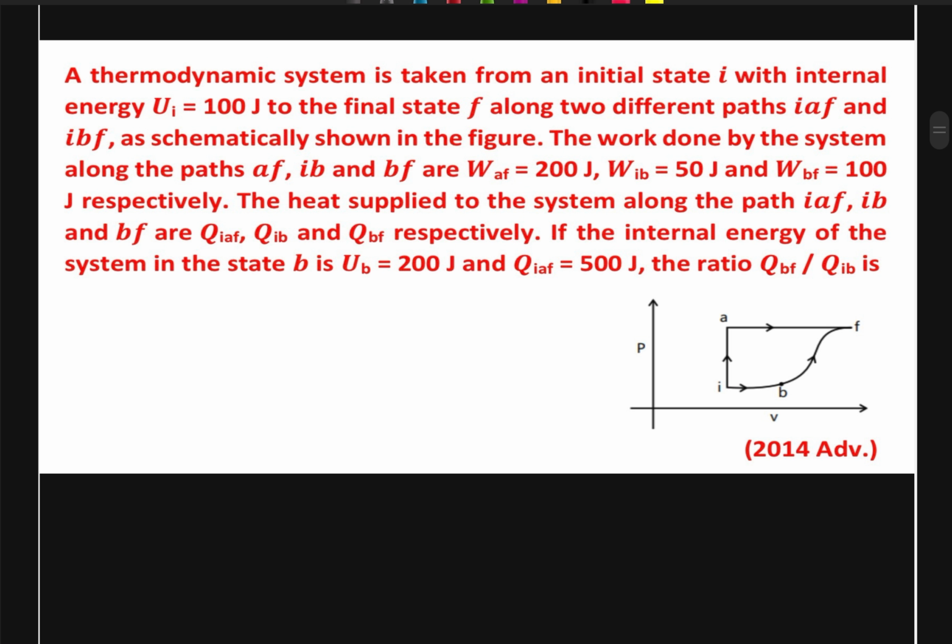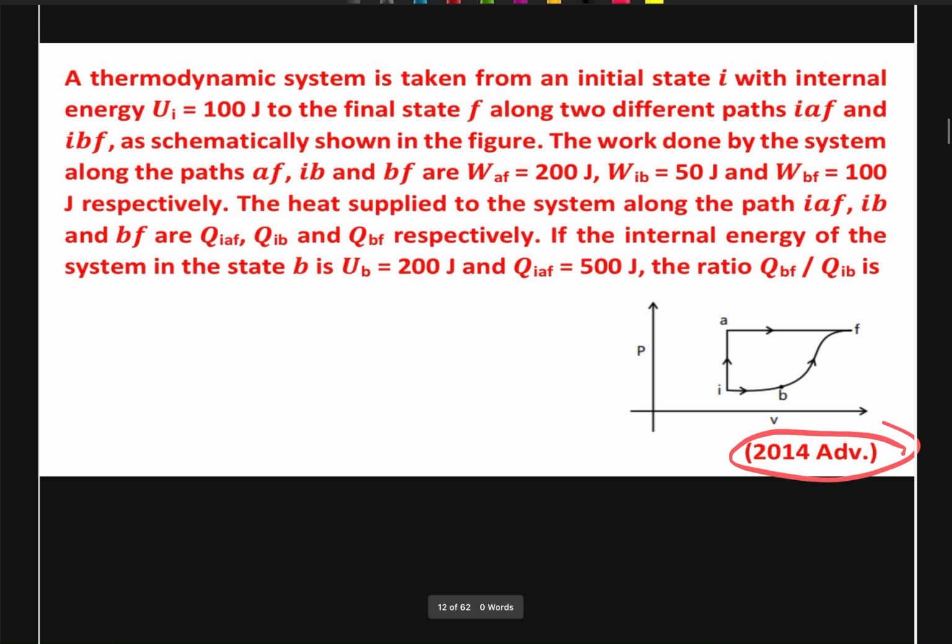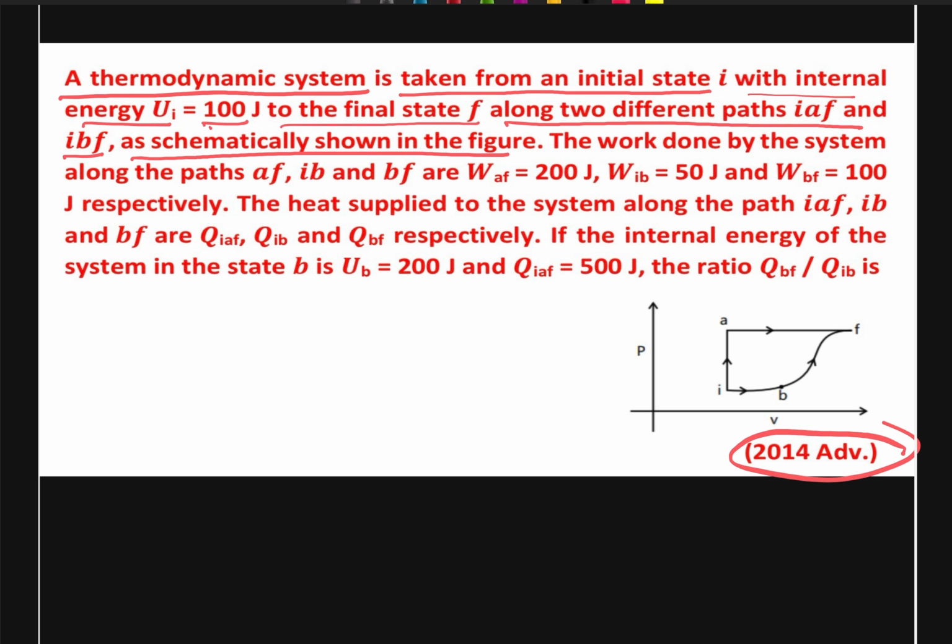This was asked in the 2014 Advanced, and it states that a thermodynamic system is taken from an initial state I with internal energy Ui 100 joule to a final state F along two different paths IAF and IBF as schematically shown in the figure. The work done by the system along the paths AF, IB, BF are 200, 50 and 100 respectively.